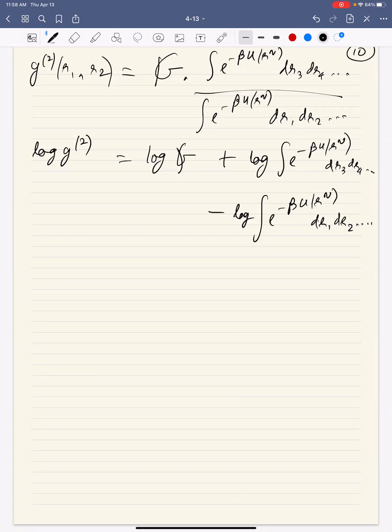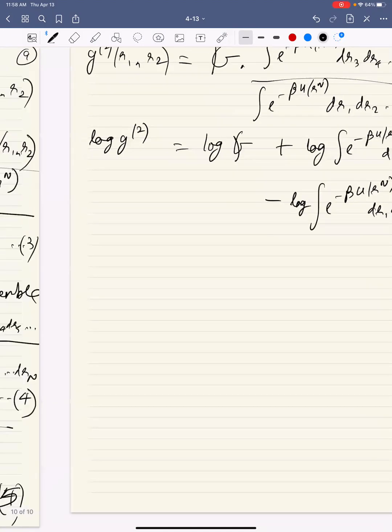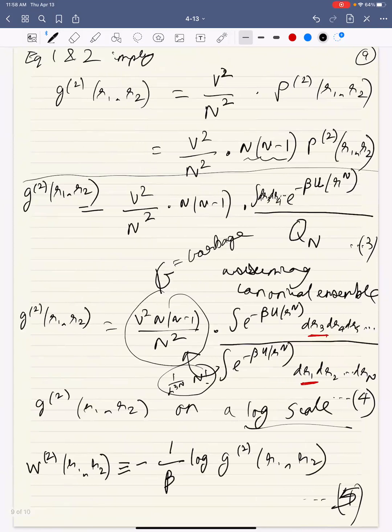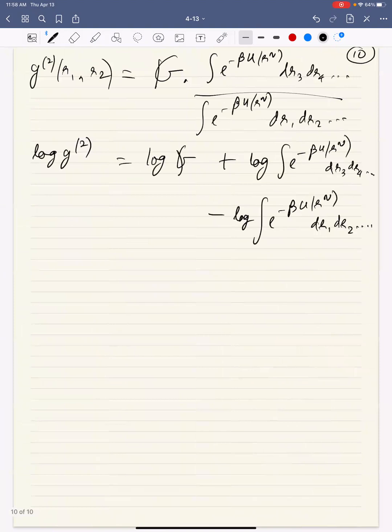And what is the relation between log of G2 and W? Minus beta multiplied by W, right? So this thing is minus beta multiplied by W2. This is how we defined our W2. So minus beta multiplied by W2 is equal to log of fancy garbage plus log of something minus log of something.